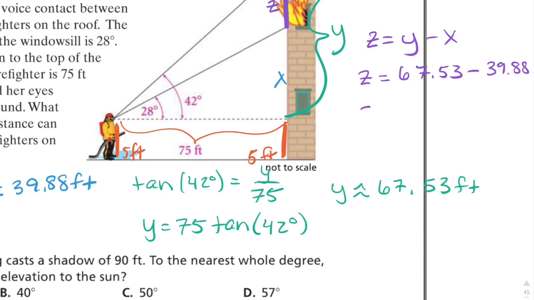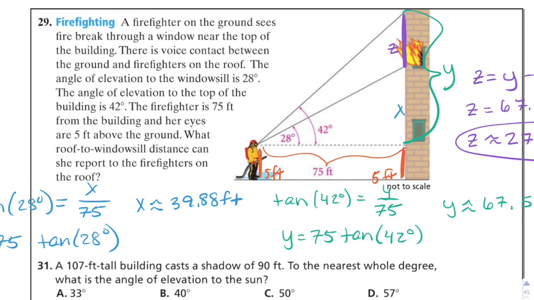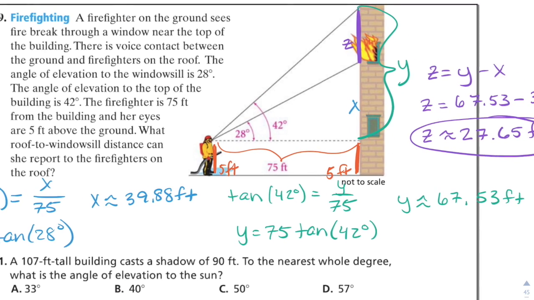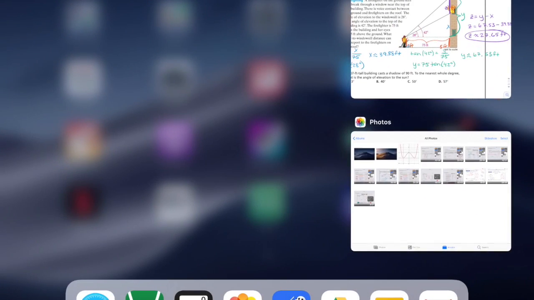I get z approximately equals 27.65 feet. So what roof to window sill distance can she report to the firefighters on the roof? It's about 27.65. The 5 feet ended up not being necessary to use.